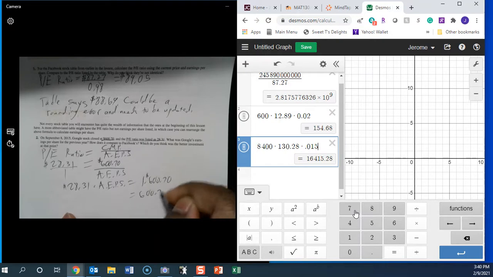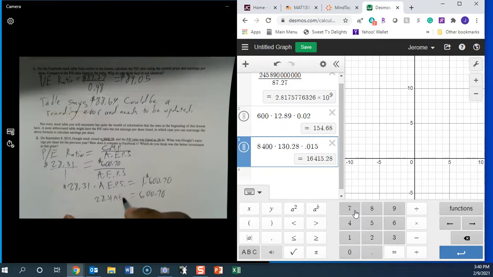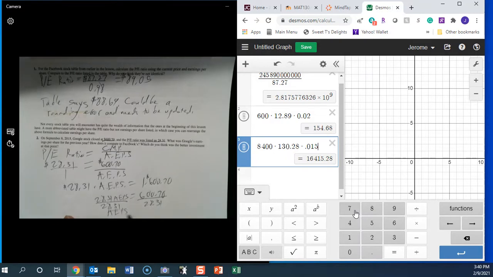So it'll be 600.70, and then we had 28.31 AEPS. Divide each side by 28.31. And then your annual earnings per share will equal $21.22.